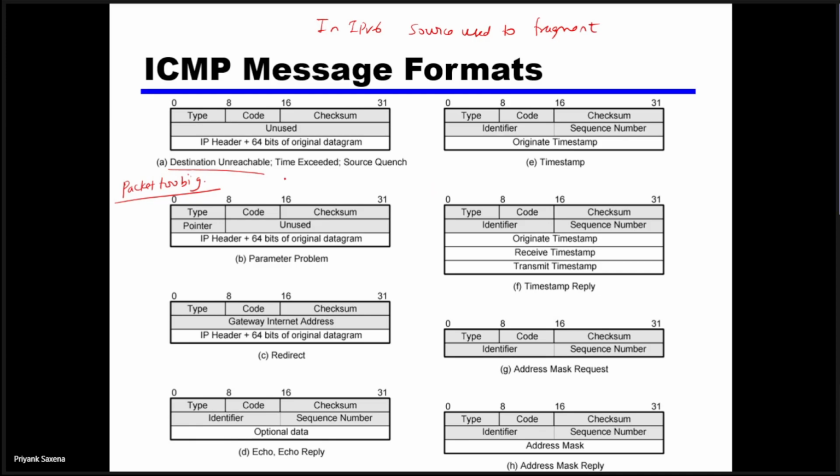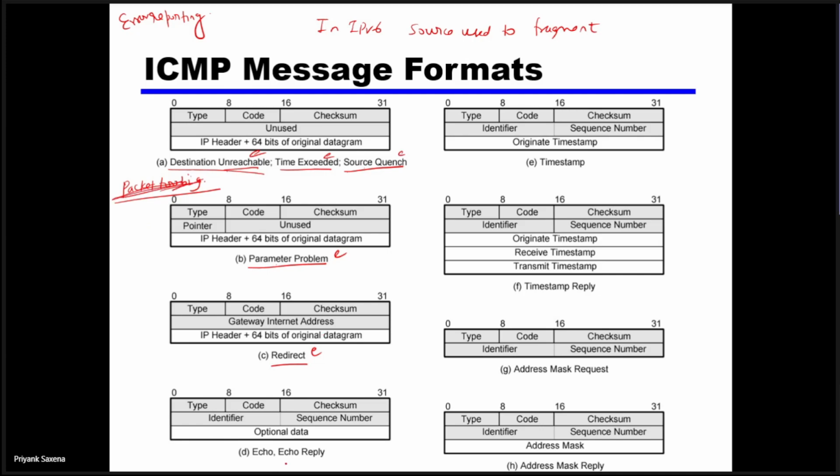Messages like destination unreachable come under the category of error reporting. These are all error reporting messages. It is not in IPv4.